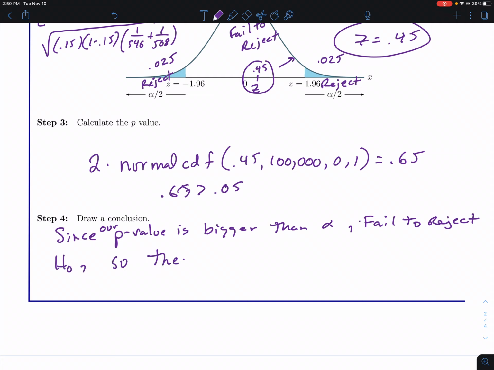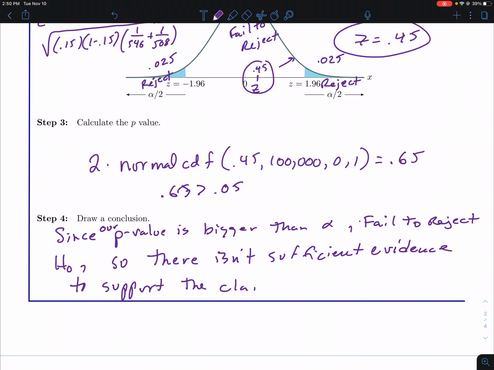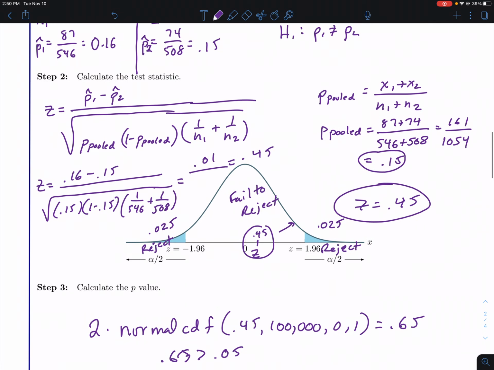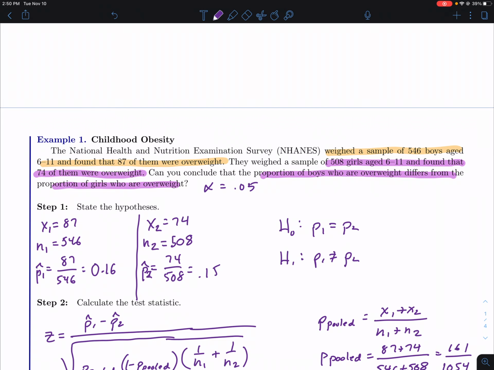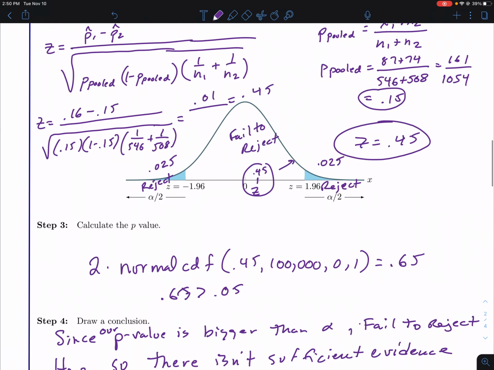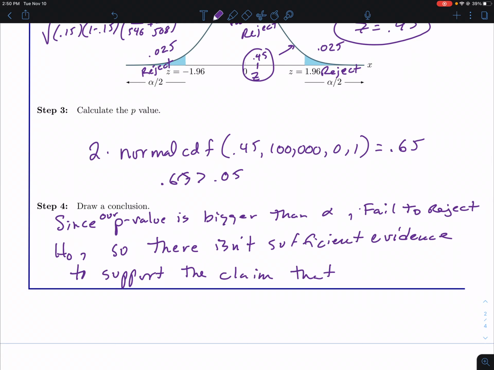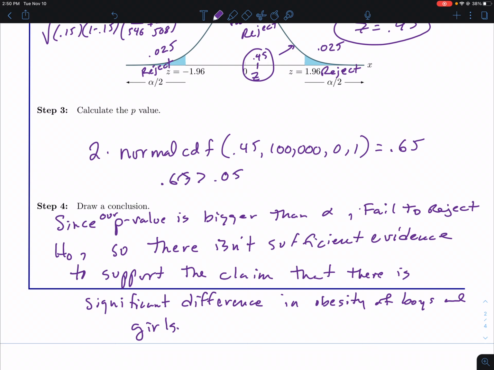There isn't sufficient evidence to support the claim that there's a difference between obesity in boys and girls in this case.